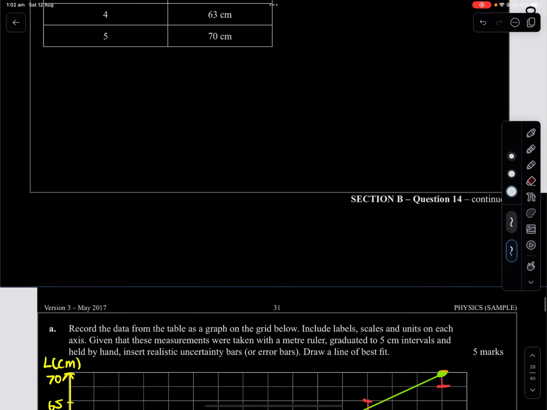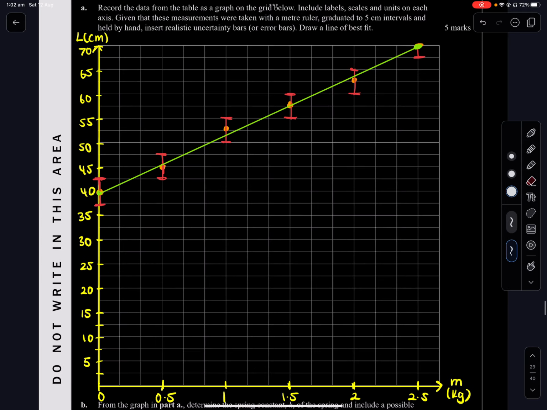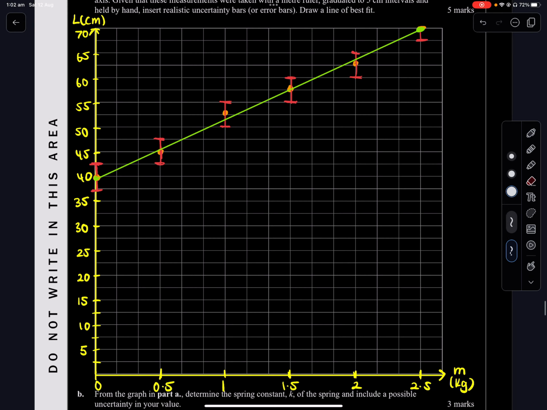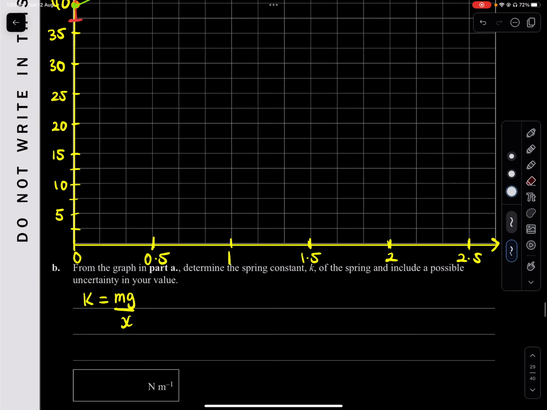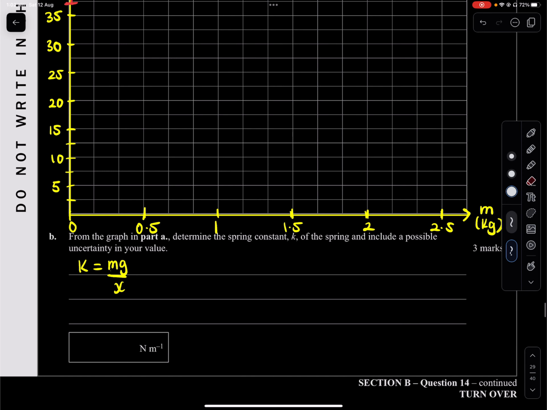It's a down mg. And we know that if we find the actual gradient of this, it will give us x over m. So our gradient of this line will give us x over m.